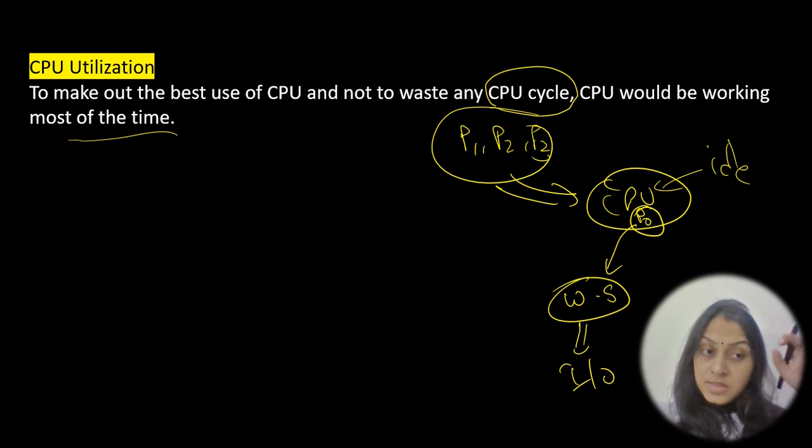So in this case, the CPU remains idle, and it is not allowing other processes until P0 completes. Is this not a waste of time? That is what I am saying. Don't waste any CPU cycles. Try to use the CPU at its best. The CPU should be working most of the time. It's better.